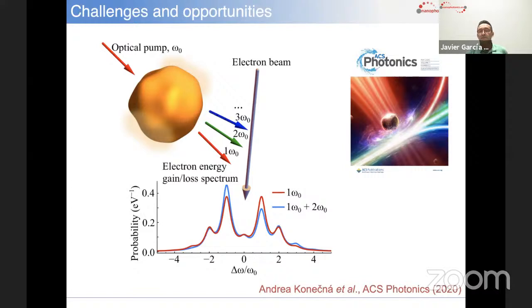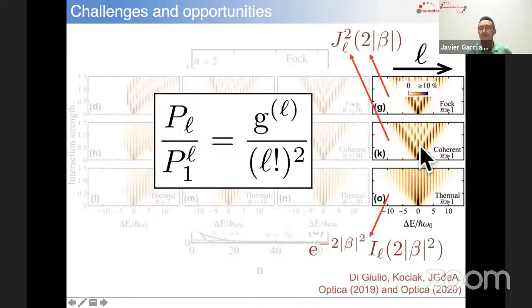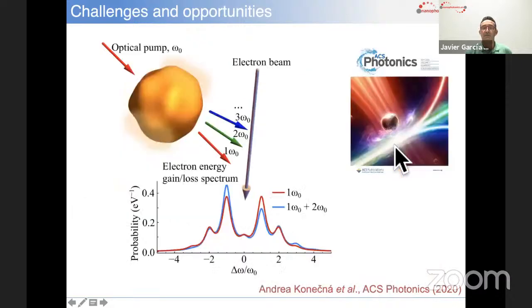And this is something that could be done with this technique, with this interaction, because when you illuminate the structure with sufficient intensity, you will produce, for example, harmonics, and these harmonics will change the symmetry of the PINEM spectra. You must have seen that all of them are symmetric when you are in the linear regime. In the nonlinear regime, then there is an asymmetry in the spectra. And this level of asymmetry gives you direct access to the nonlinear response of the materials.